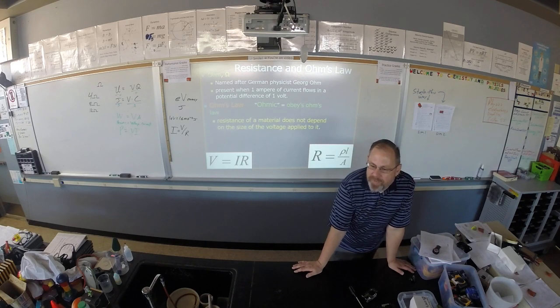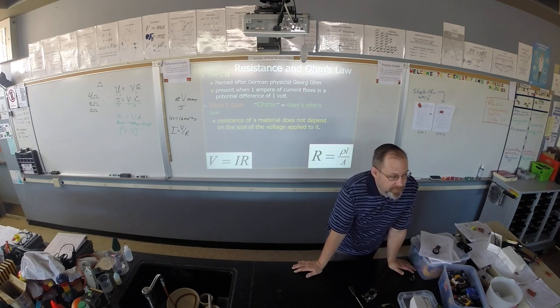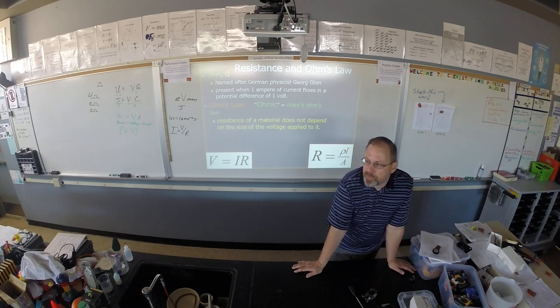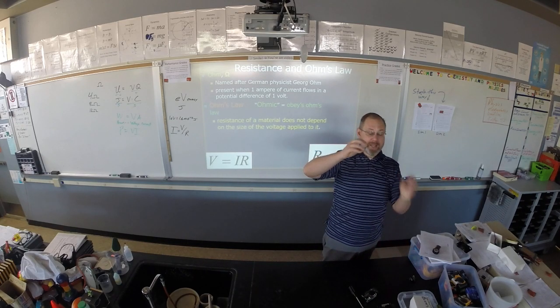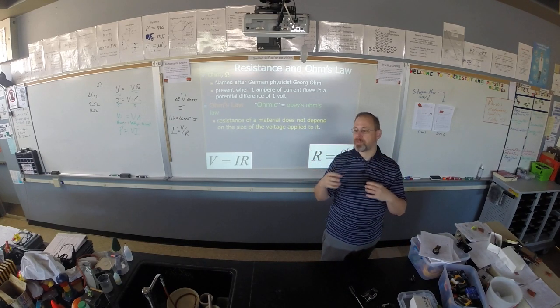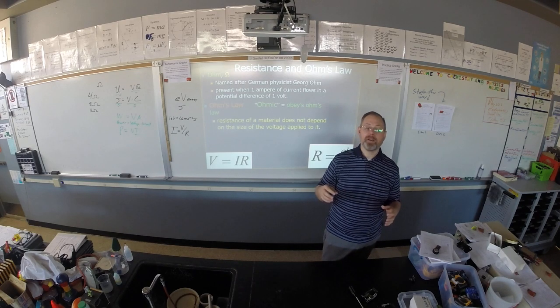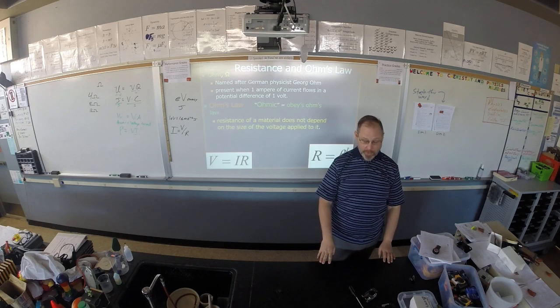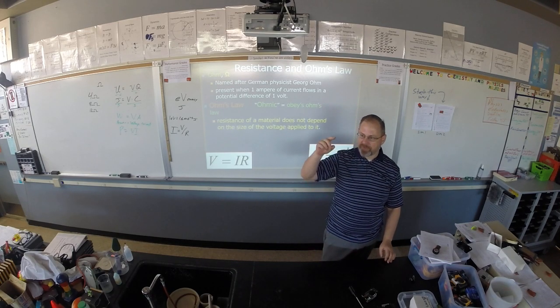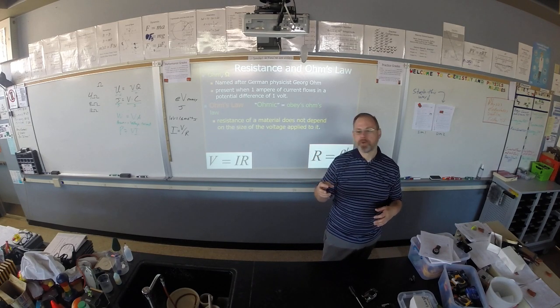Can you think of a material that is non-ohmic, where the resistance actually changes when voltage is applied to it? Light bulbs are a great example. The filament inside of a light bulb glows when voltage is applied to it. So it's very, very non-ohmic. Another non-ohmic device, a toaster. Those little filaments that get red hot are non-ohmic.